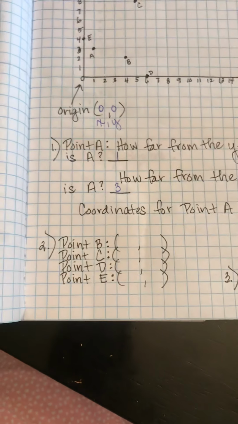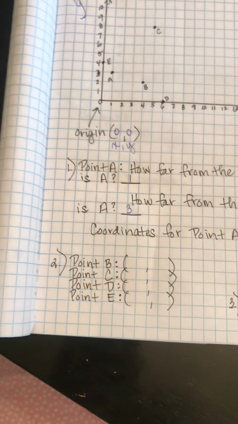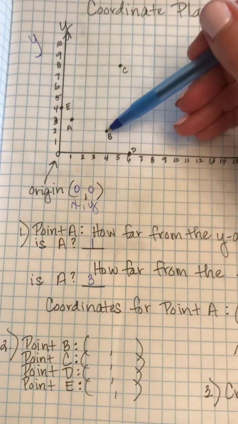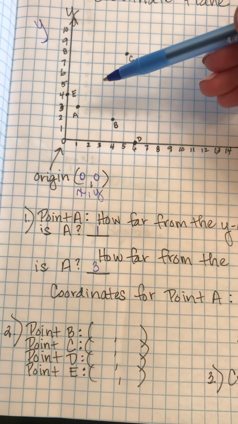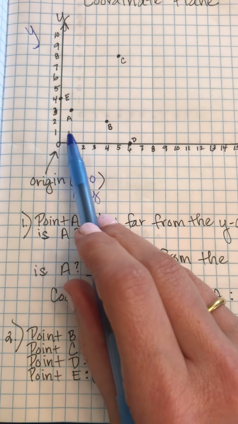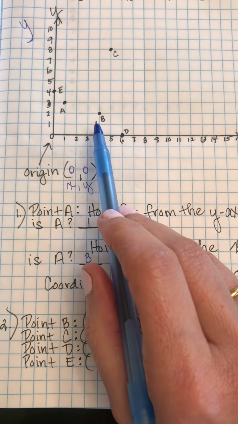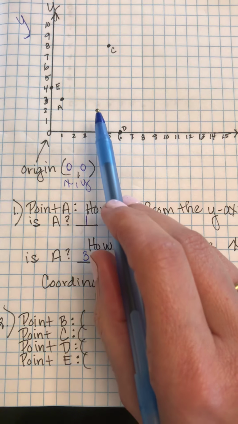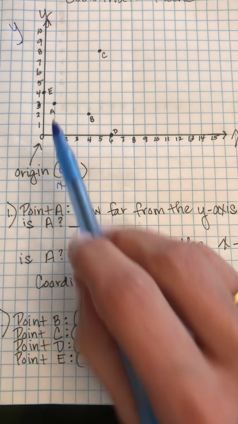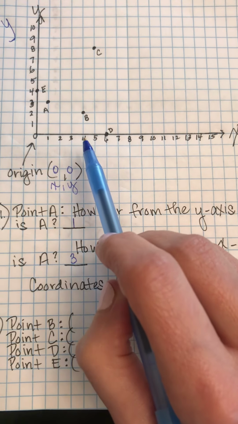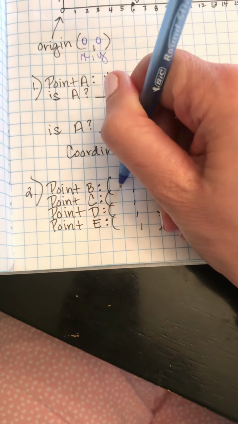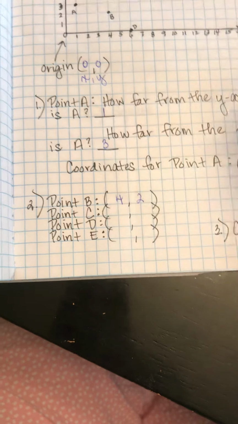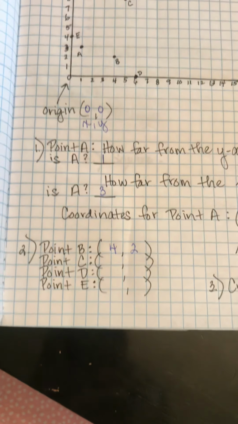So that is point A. Let's do the same thing for point B. So let's find point B. It's right here. And I see that I am 4 away from my y-axis and I am 2 away from my x. So I've gone over 4 and up 2. So the coordinates for B are 4, 2.